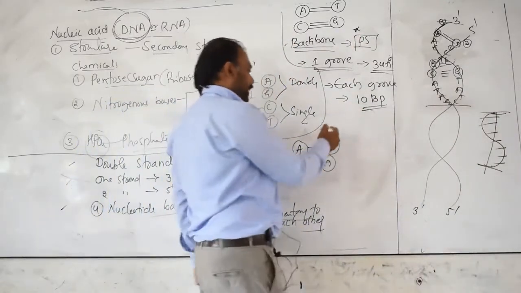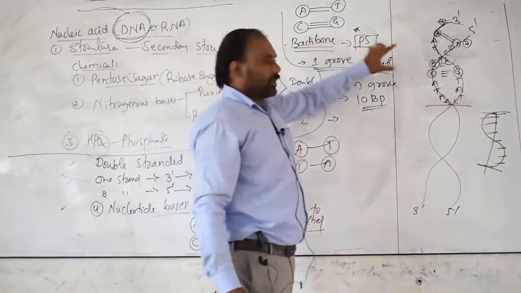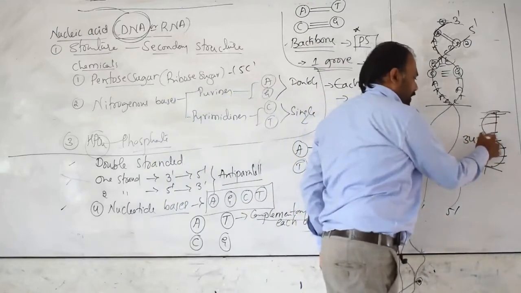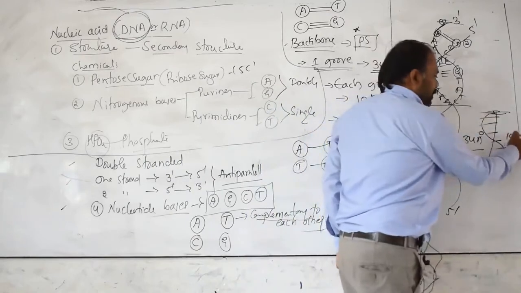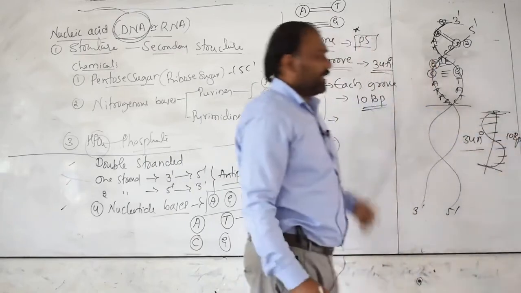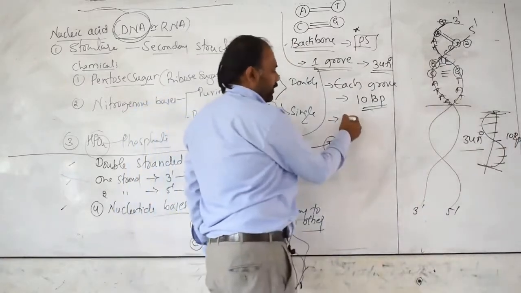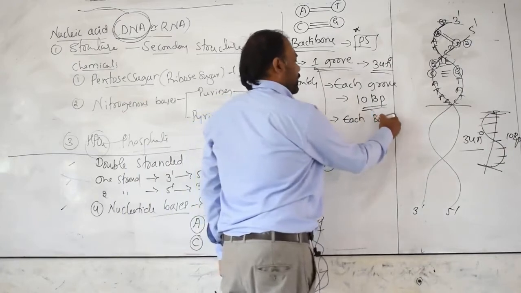And now we can calculate. Each groove measures about 34 angstrom, as I told you, from here to here. And each groove contains 10 base pairs. Now the question is: what is the distance between each base pair?